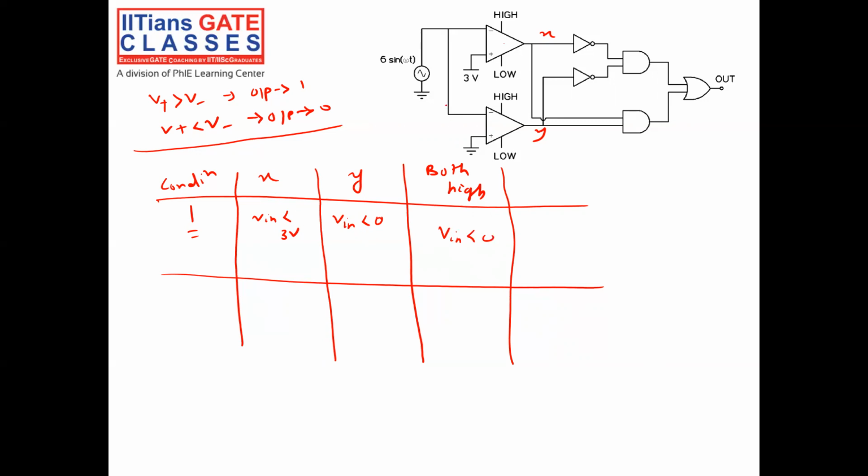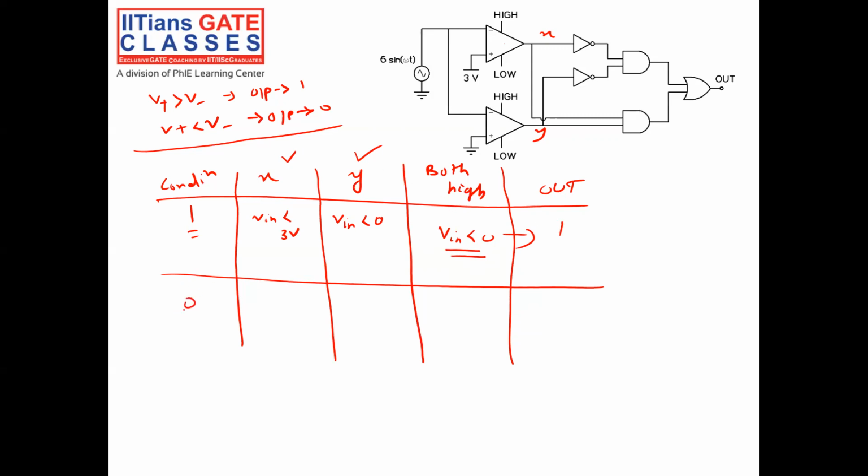So whenever my input is less than 0, both x and y are high and my output will be high.